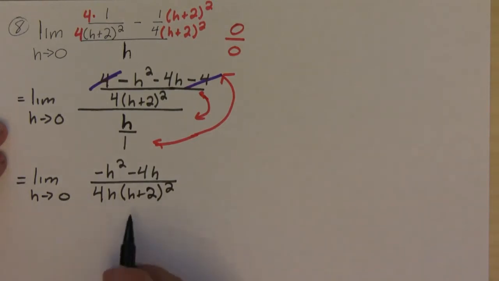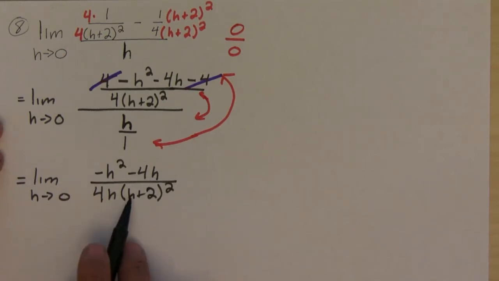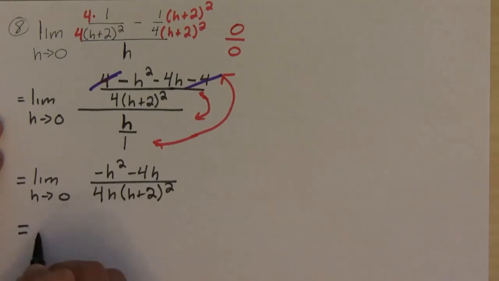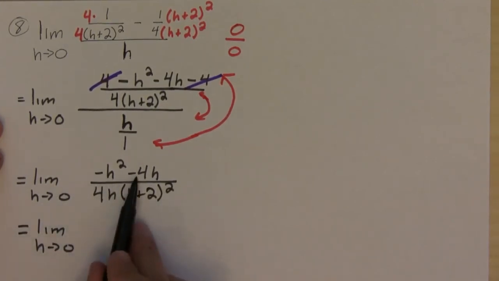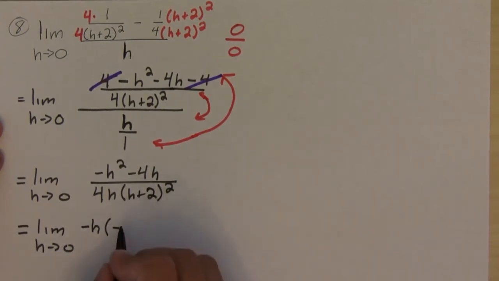Okay, and so notice if I try plugging in 0, I would still get an indeterminate form, 0 over 0. So I still have more work to do. Notice that I can factor out an h on top here. Let's factor out a negative h.